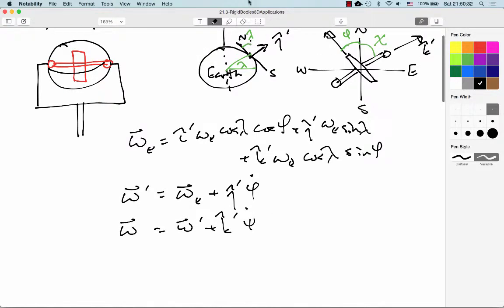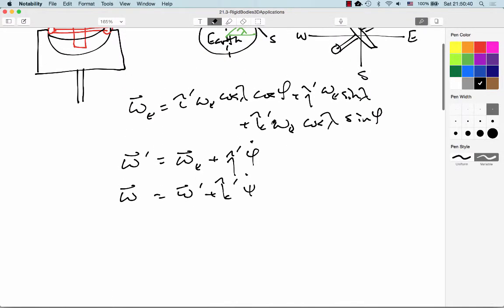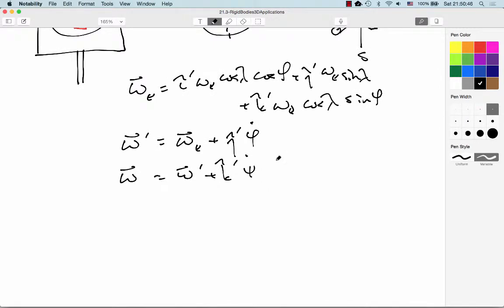My bad, this was a correction for the rotation of the Earth here. And this is for the rotation of, say, the airplane or whatever.